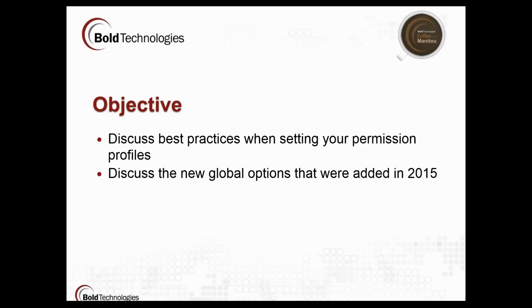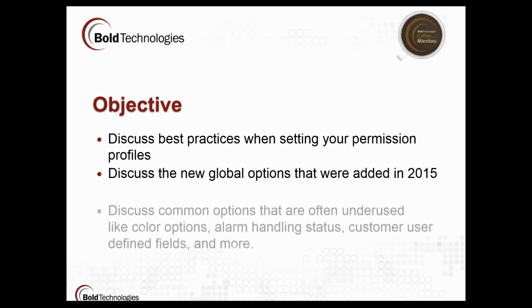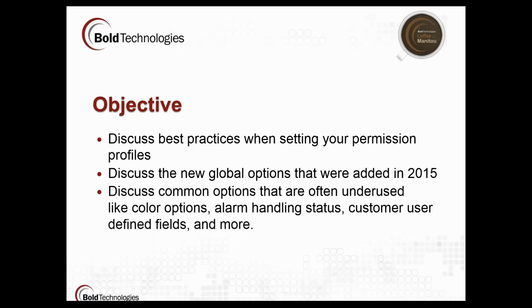For those of you that have worked with our global options before, there's a lot of global options that you can really customize your Manitou system. So we're going to highlight a few of those that were added in 2015, some newer ones. And we're going to discuss some of the common options that are often underused, like color options or alarm handling status, customer user-defined fields, and much, much more.